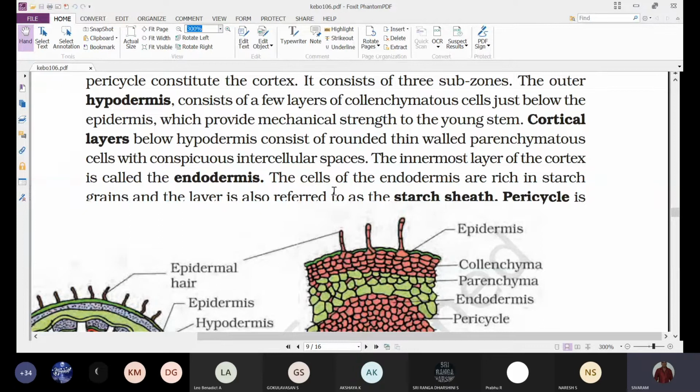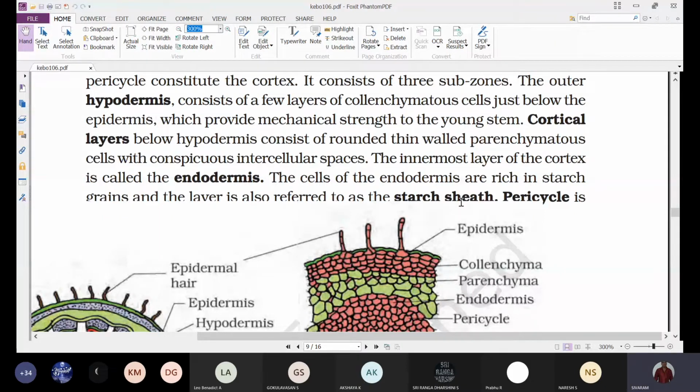That means when you observe the endodermis of dicotyledonous stems, the endodermis is rich in storage of food grains or starch grains, and so this endodermis is also called a starch sheath.